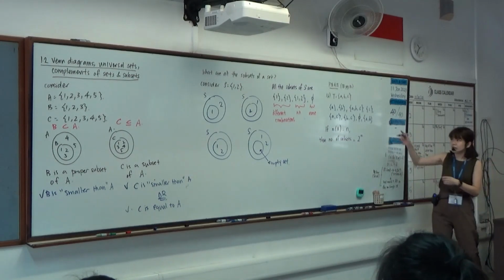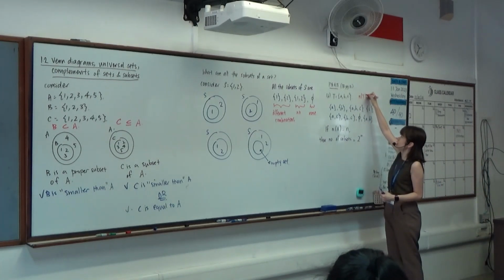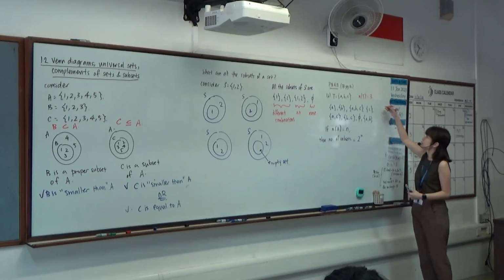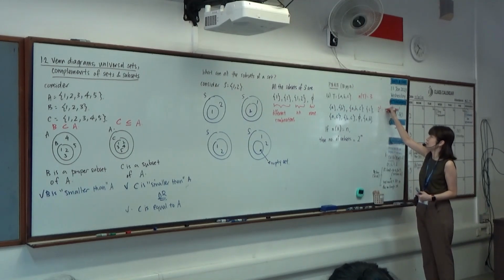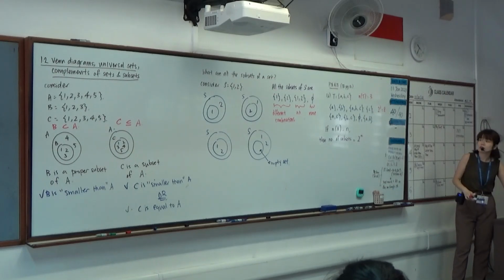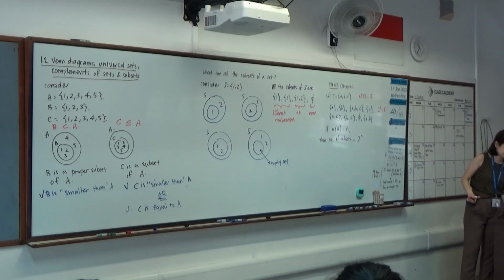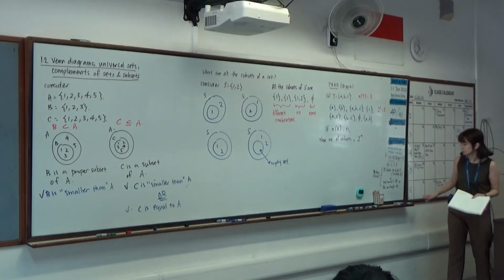So in this particular case, we find that n is equal to 3, so we are expecting to have 2 to the power of 3, which is 8 subsets.